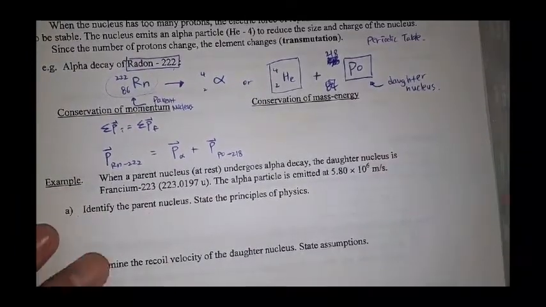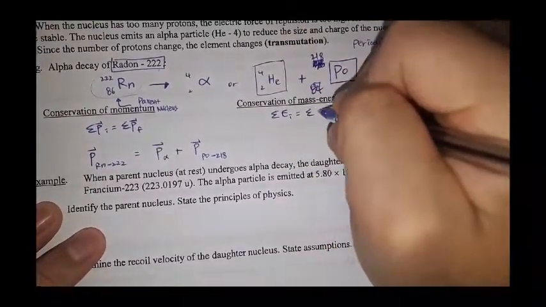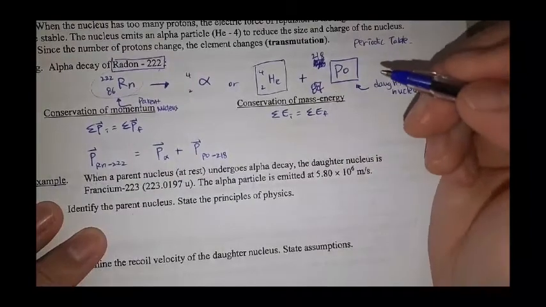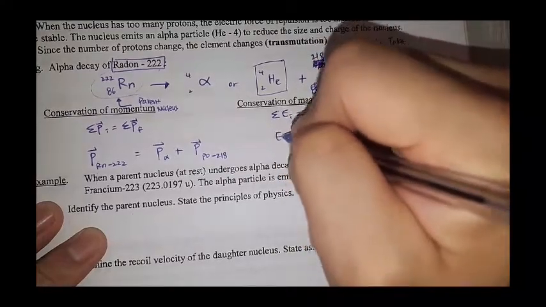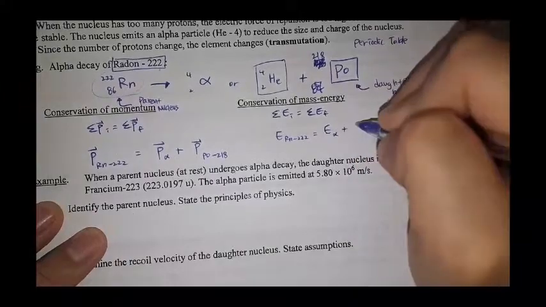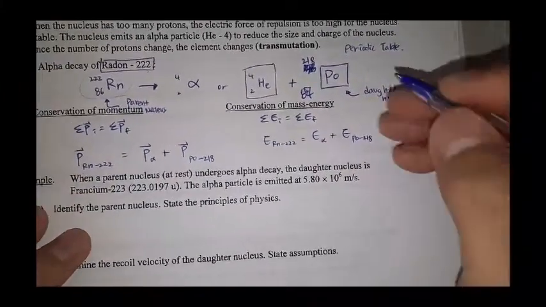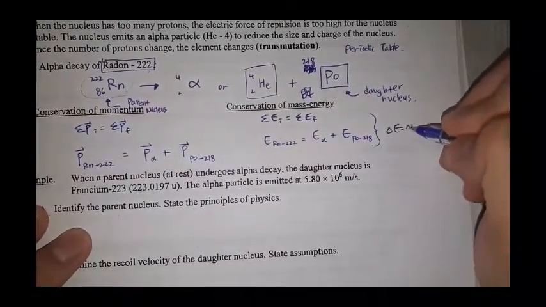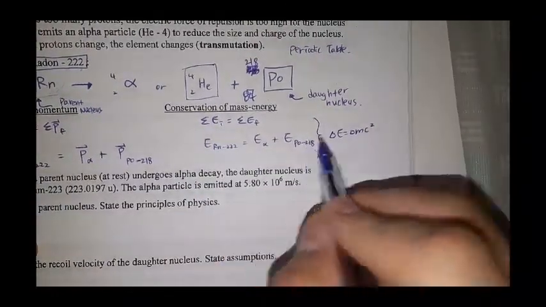From an energy conservation perspective, same thing. E initial equals E final. You can find my delta E using mc squared because mass can be a little different between these two.